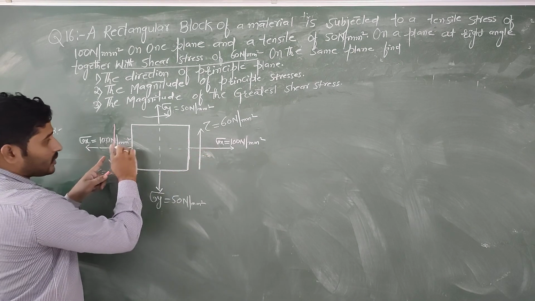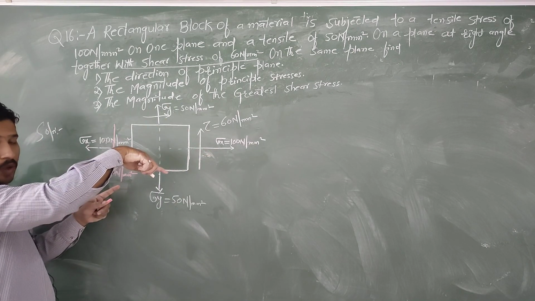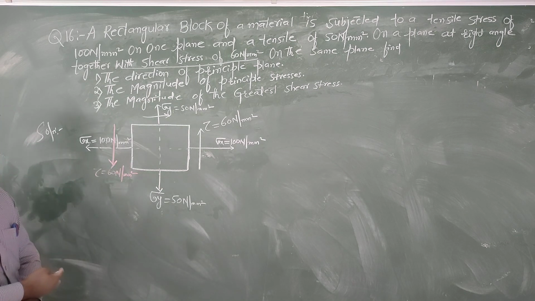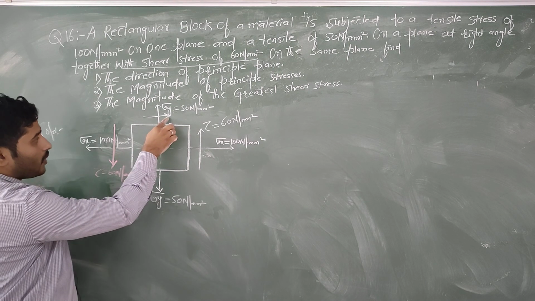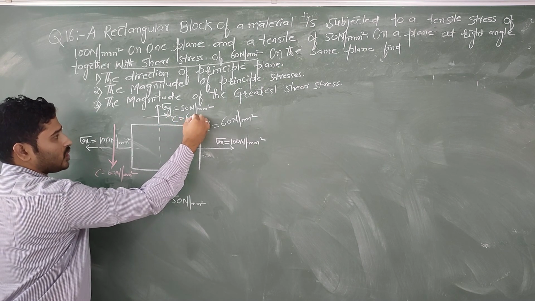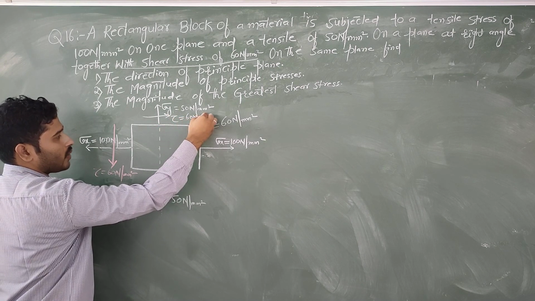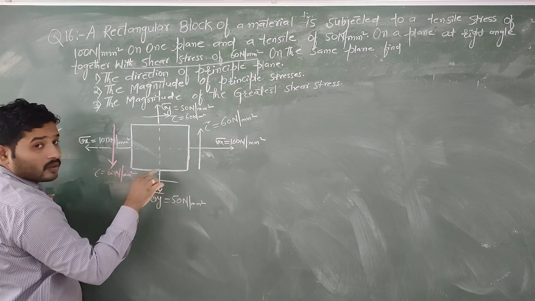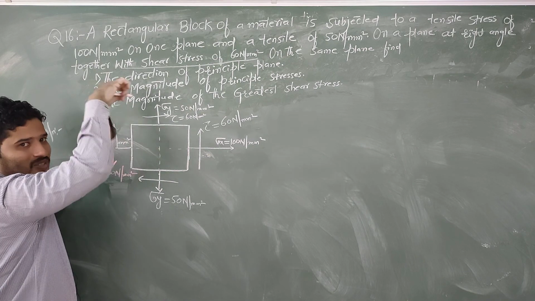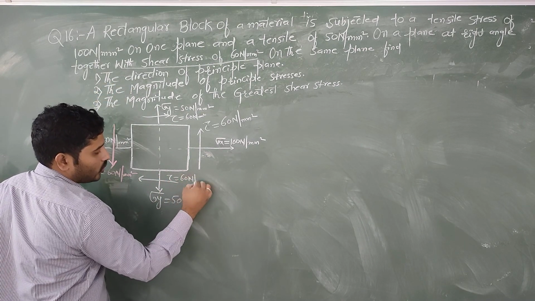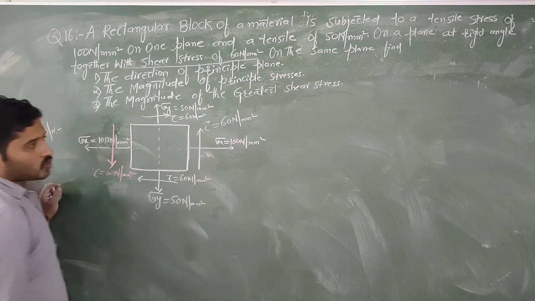So sigma x is rotated in the anti-clockwise direction, and sigma y is rotated in the clockwise direction. Then tau is equal to 60 N/mm².